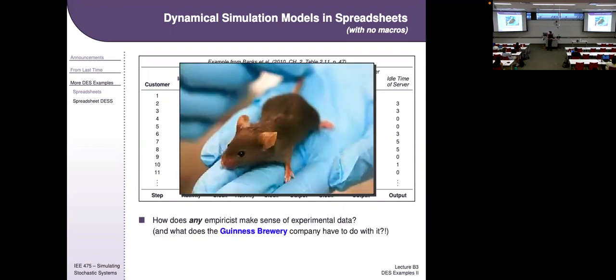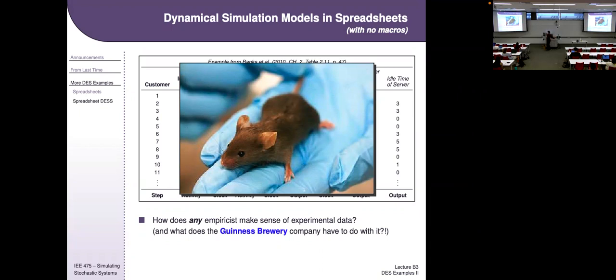And so if we were to think about it, these are the same questions we have to answer with any empirical system. If we have a system like a single mouse, if you were to run a mouse through a maze and watch how long it took them to get to different portions of the maze, there would be variability within the mouse, in the durations from one step to another. But then if I put another mouse in the maze, you get a totally different set of numbers.